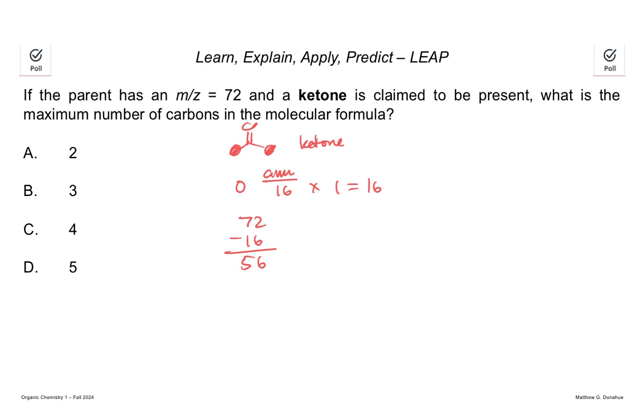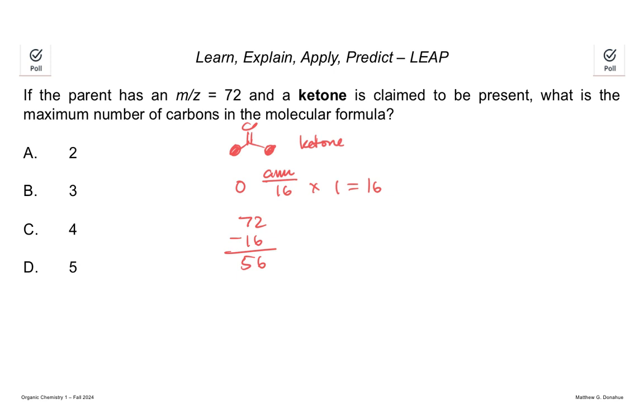So if we take 56, divide that by 12, we're going to get 4, right? So 4 is the closest one. If you do 12 times 5, that gets you 60. So again, that's past what we have to deal with.